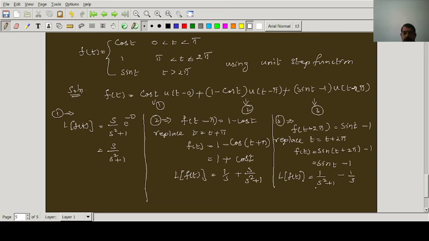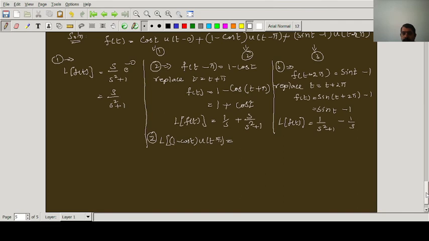Now the second one: what is the Laplace of (1 minus cos t) into u of t minus pi? Here what do we get? We can write it as e power minus pi s into this answer, 1 by s plus s by s square plus 1.